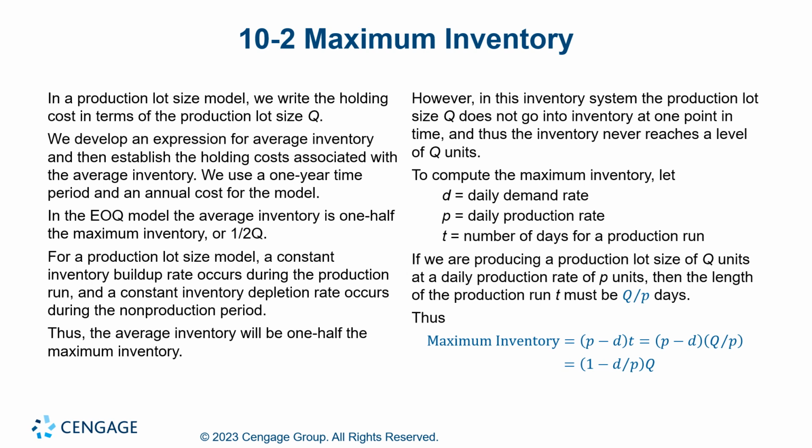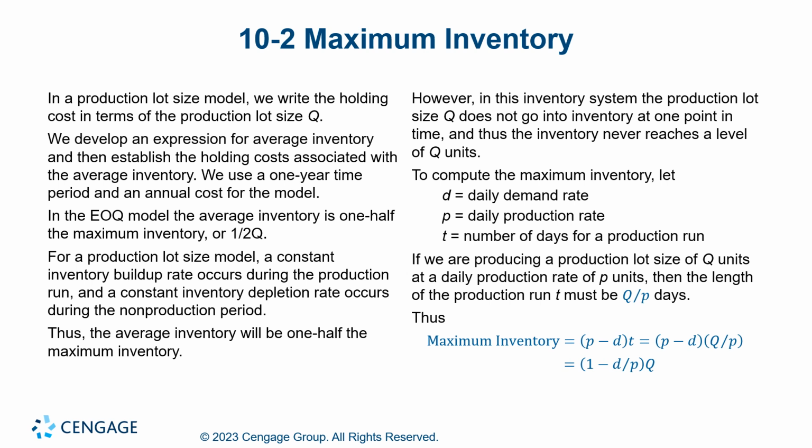So in the EOQ model, the average inventory is 1/2 of the maximum inventory, or 1/2 Q. And because in the production lot size model, a constant inventory build-up rate occurs during the production run, and a constant inventory depletion rate occurs during the non-production period, therefore, the average inventory will be 1/2 of the maximum inventory.